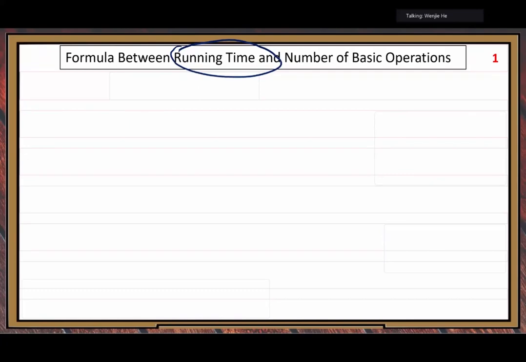So when we compare our algorithms, we want to use a stable measure, so we do the counting. We use the number of basic operations to replace the running time measure.